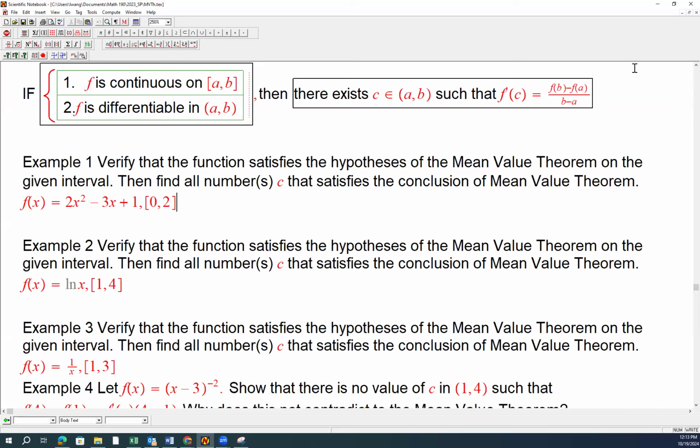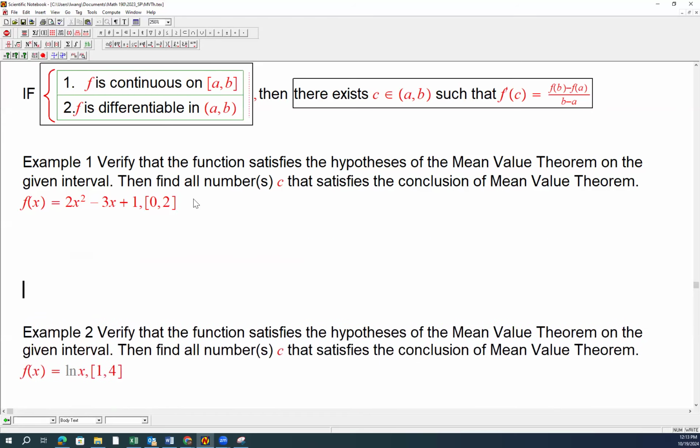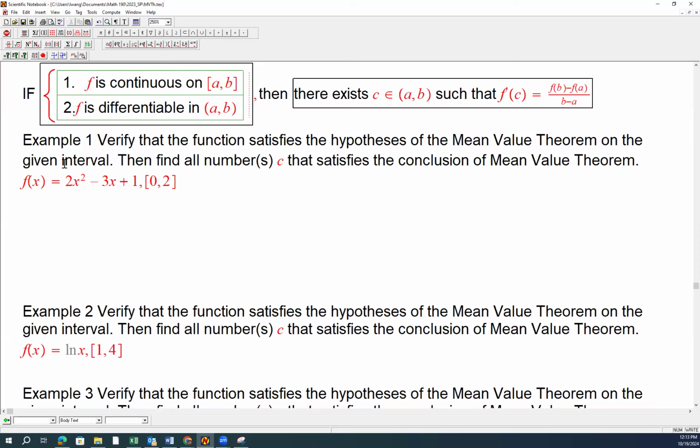It's pretty straightforward because a polynomial is differentiable and continuous in its domain. Okay, so, solution.